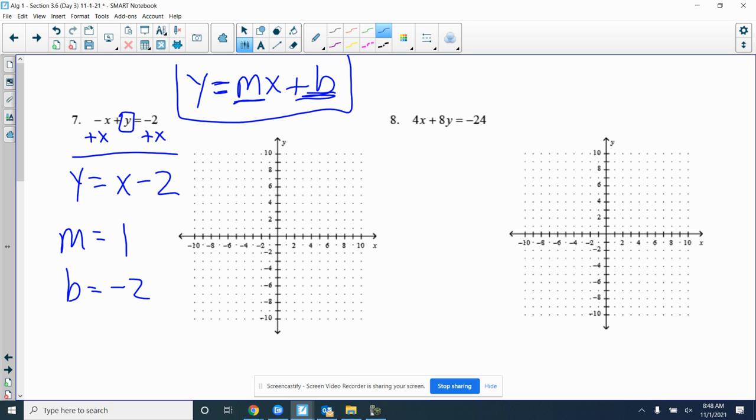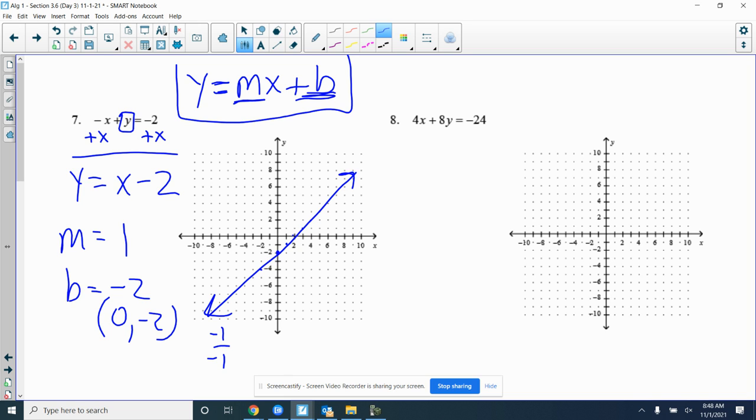The point I know is my y-intercept, which is 0, -2. Go to 0, -2, and go up 1, right 1, up 1, right 1. You can keep doing that, or you can do this. What's a double negative move? A positive. Down 1, left, down 1, left. And you guys get the idea. Should look something like that. Okay?